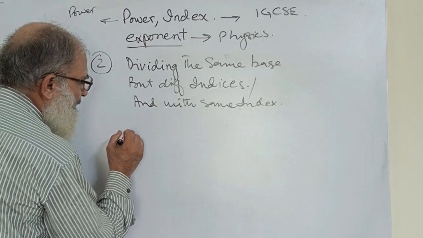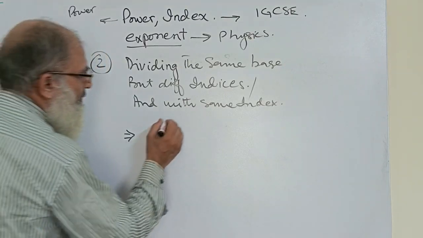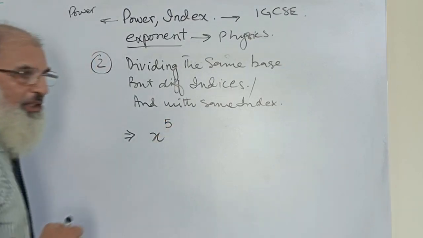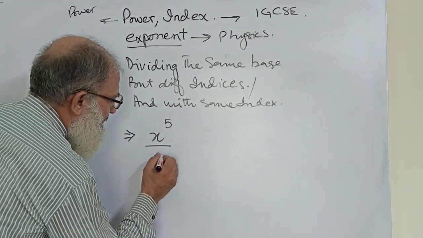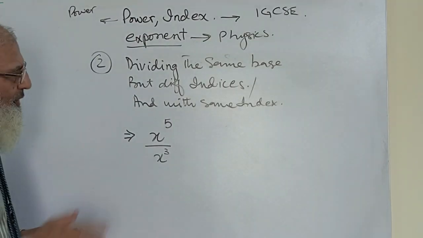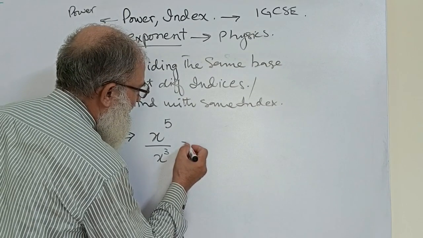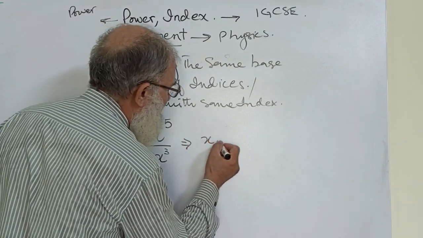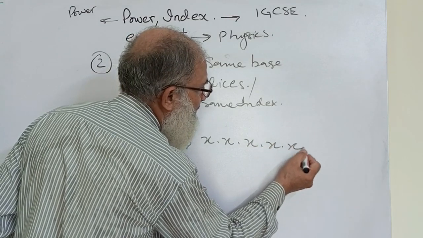If we have x^5 written here, divided by x^3, there are two ways of solving this question. One is x multiplied by x multiplied by x multiplied by x multiplied by x.